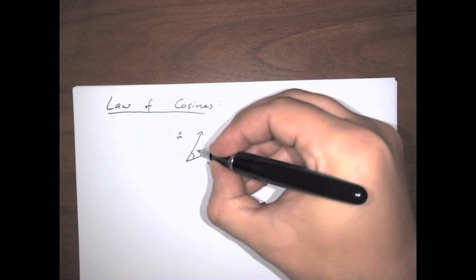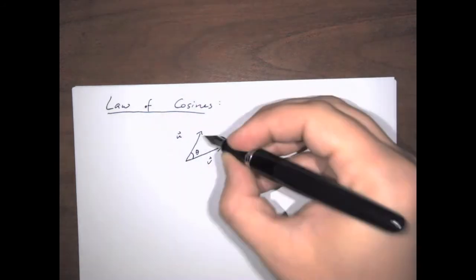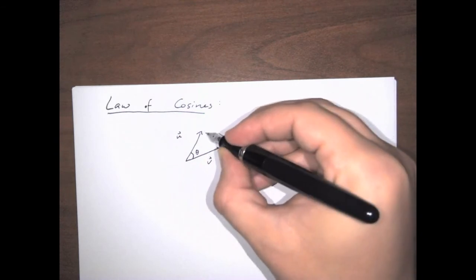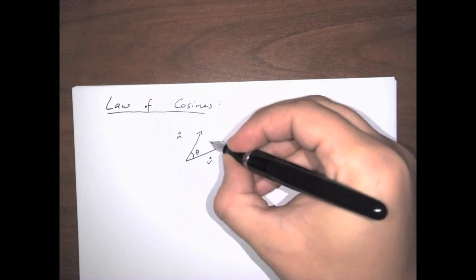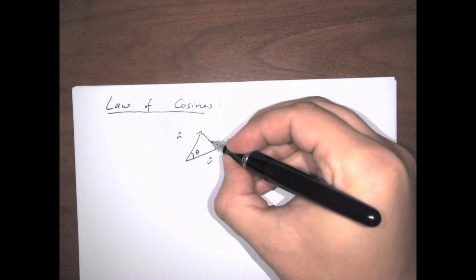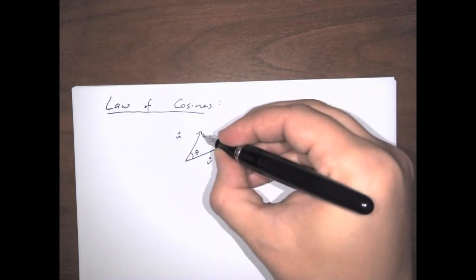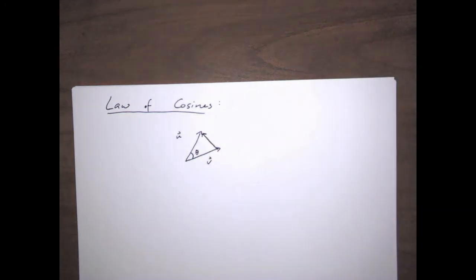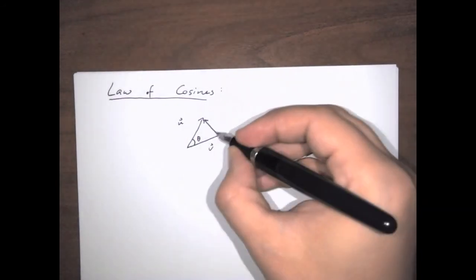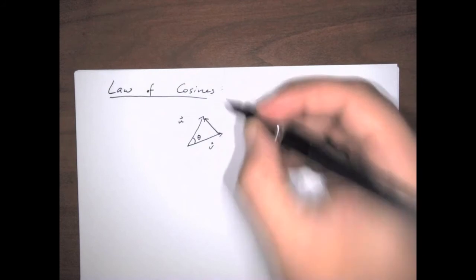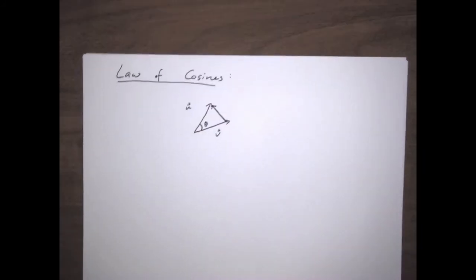Let's say this is the angle theta between u and v. And if we want it here, we can go this way, and this would be u minus v, the side of the triangle that goes from v to u, like so.